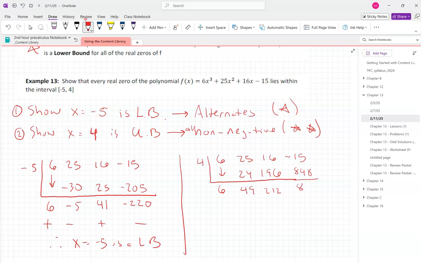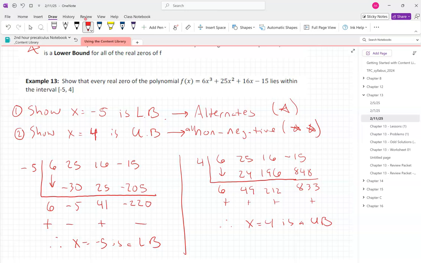That's going to be 833. So again, just the synthetic division alone can show me that I found an upper or lower bound.